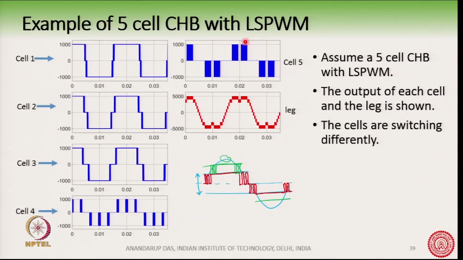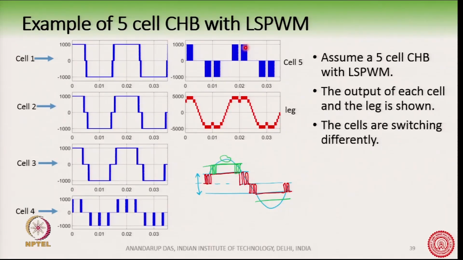For example, cell 5 can be asked to produce this waveform and cell 1 can be asked to produce this waveform. It does not matter how their patterns are getting interchanged, because ultimately the output voltage does not get changed, because it is a series connection of cells.